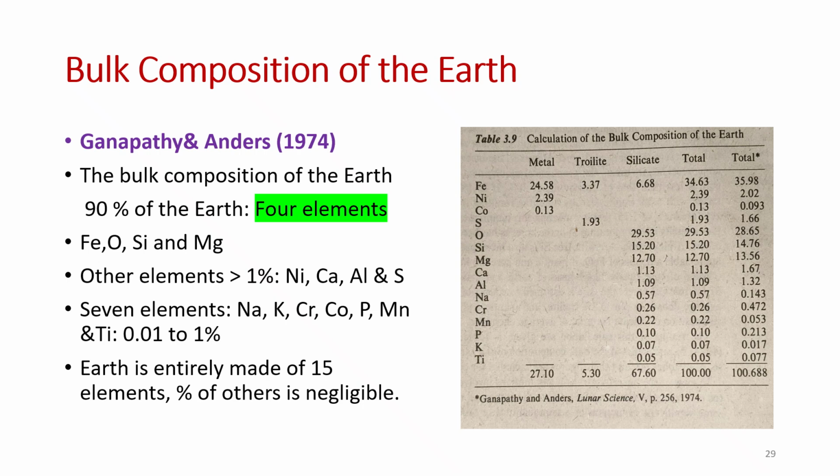And seven elements like sodium, potassium, chromium, cobalt, phosphorus, manganese, and titanium may occur in amounts from 0.01 to 1%. Thus, the earth is made up almost entirely of 15 elements, and the percentage of all the others is negligible, probably 0.1% or less of the whole.